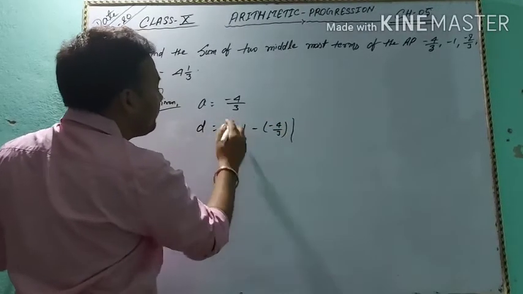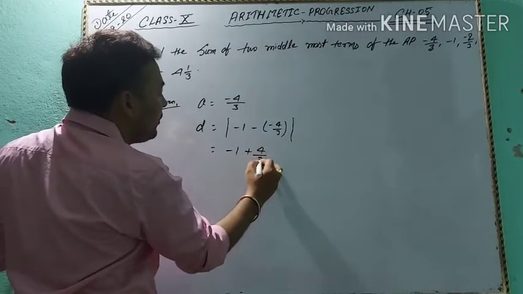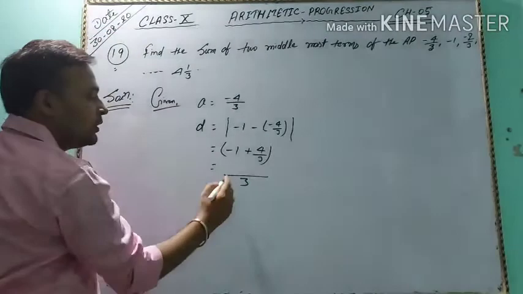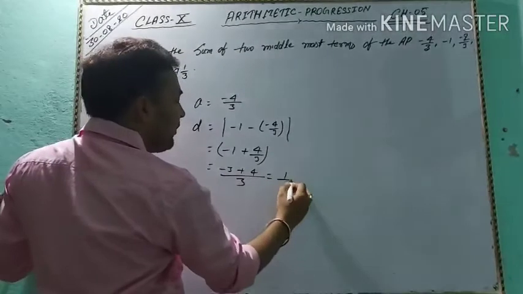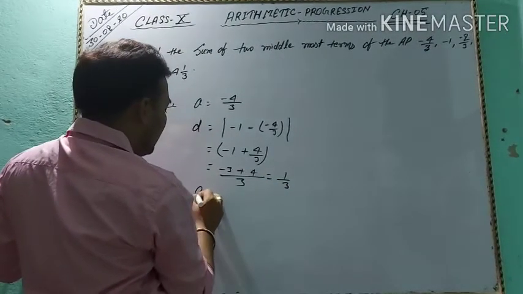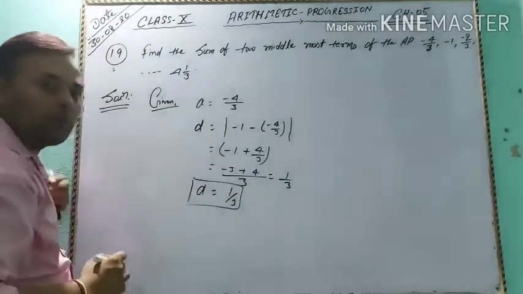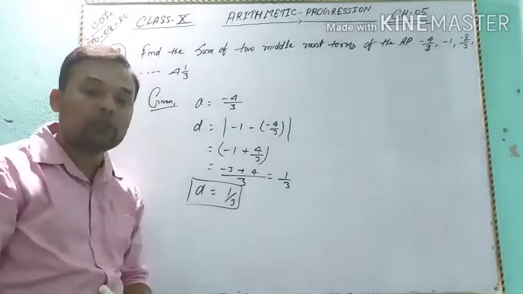Okay, so minus 1 and plus 4 by 3 equals, let's take LCM, minus 3 plus 4, that is 1 by 3. So D equals 1 by 3. D is the common difference, and the common difference equals 1 by 3.